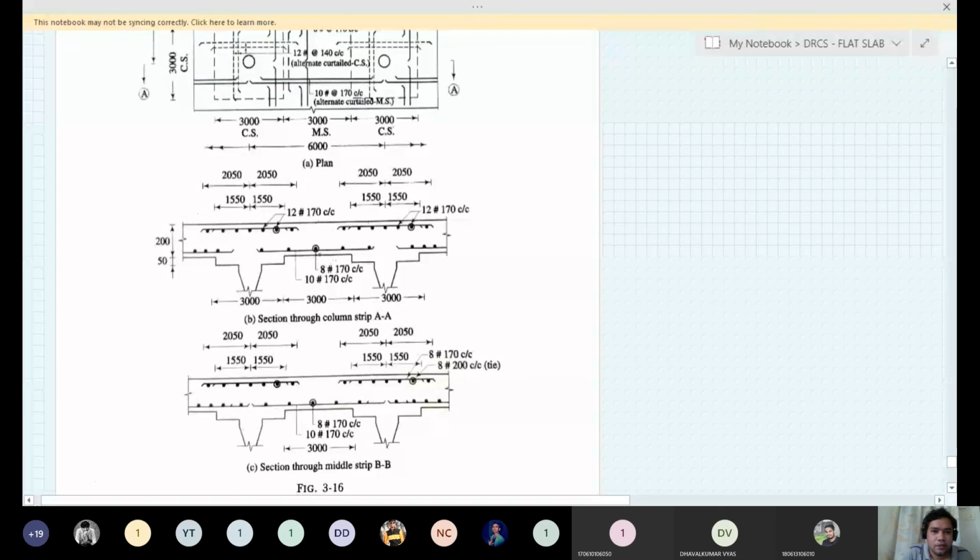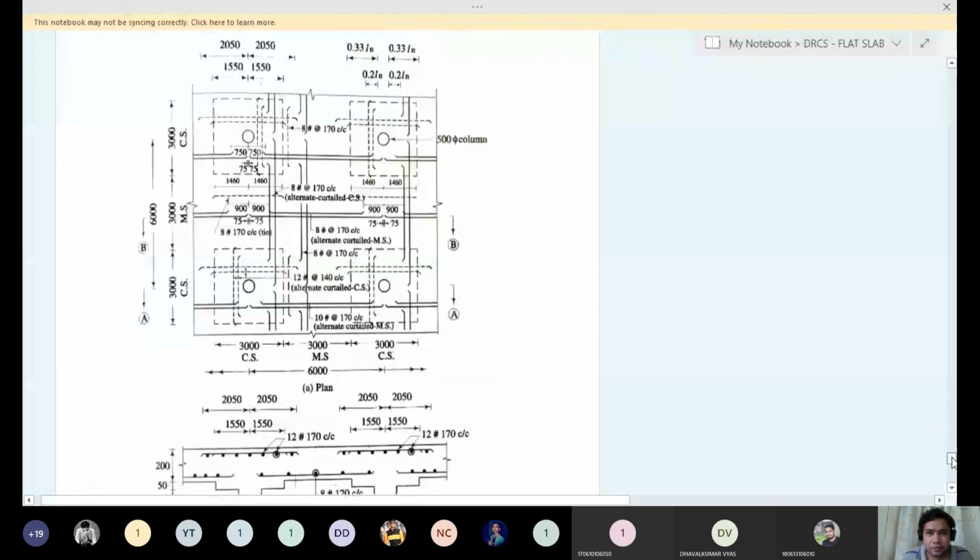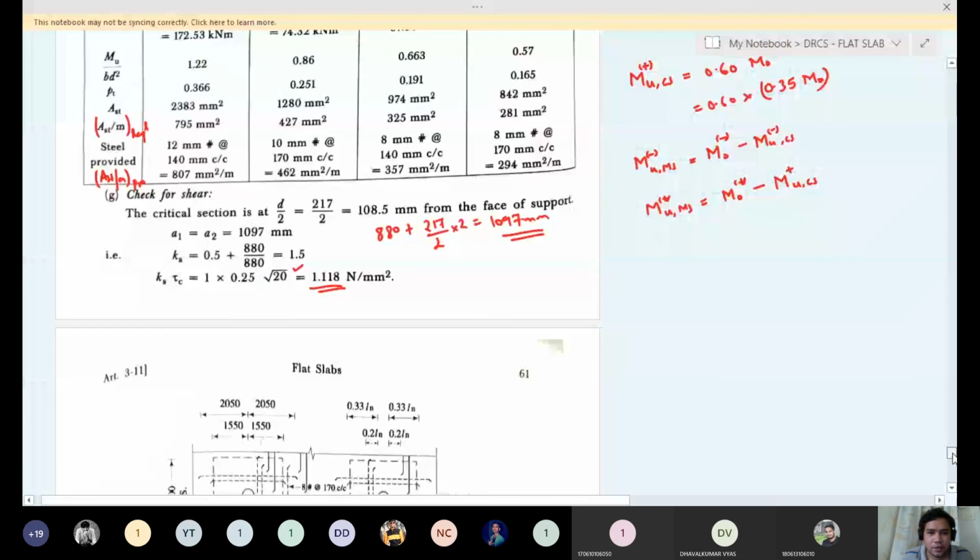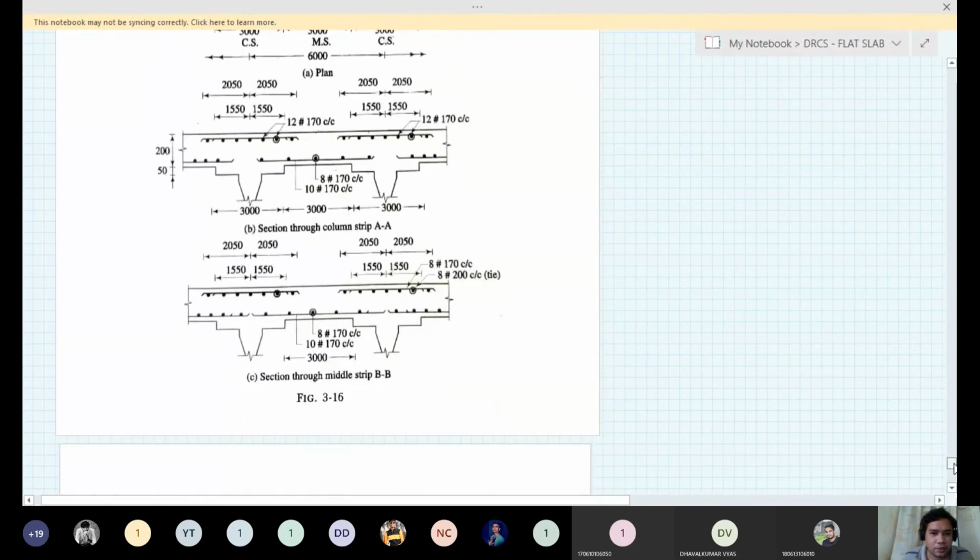And in the negative, it is 8 dia 170 center to center, and another is 8 dia 140 center to center.